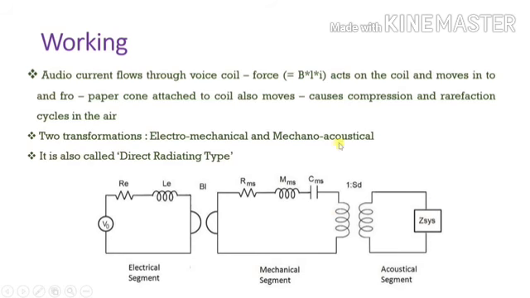That is what mechano-acoustical transformation is, where mechanical vibration will generate sound based on impedance matching. This transformation of motion of the mechanical segment into an acoustical signal is mechano-acoustical transformation. This complete process is happening in the moving coil loudspeaker.